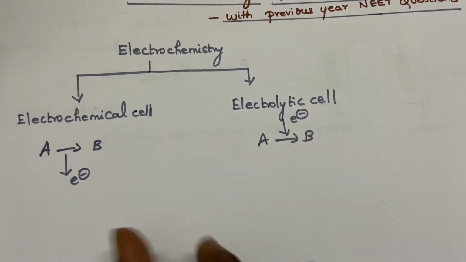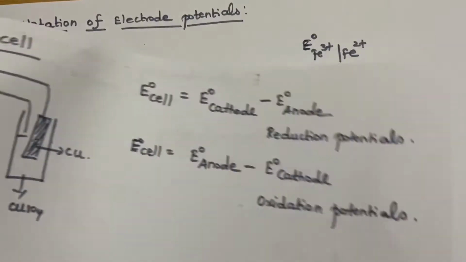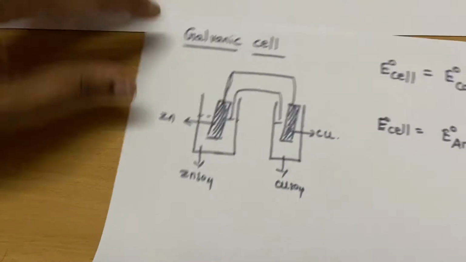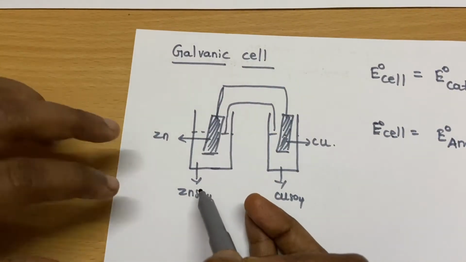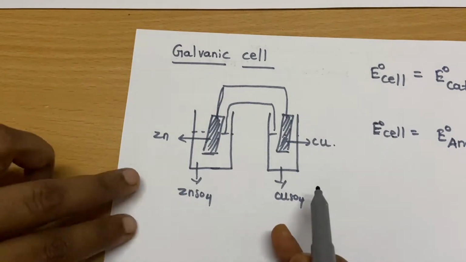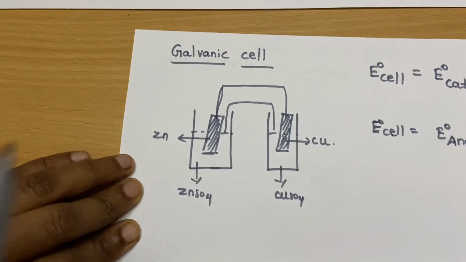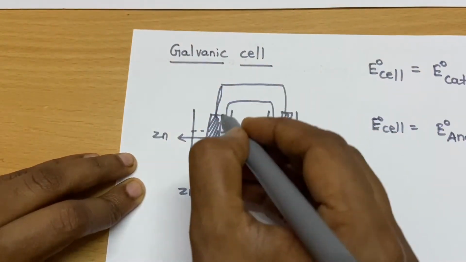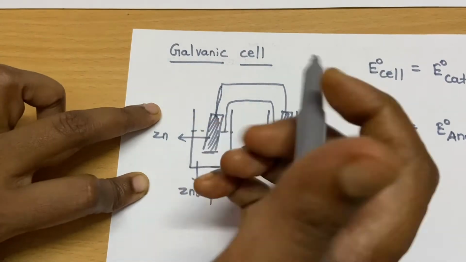What is the electrochemical cell? The most famous, important example is the galvanic cell. When a zinc rod is dipped in zinc sulfate solution and copper in copper sulfate solution, what happens, students? Without applying any external force, electrons start to travel from the zinc to the copper compartment.